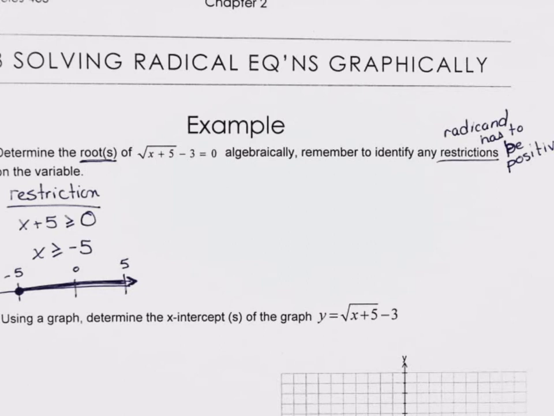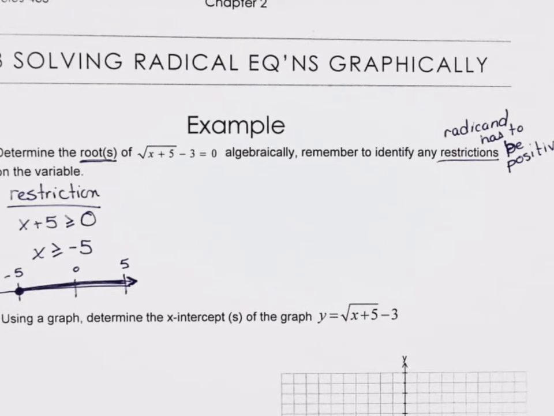Are there any stretches? No. Are there any reflections? No. So where does your start point happen on the graph? -5, -3. So we're kind of doing part B too, because we're getting that visualization of what's happening.